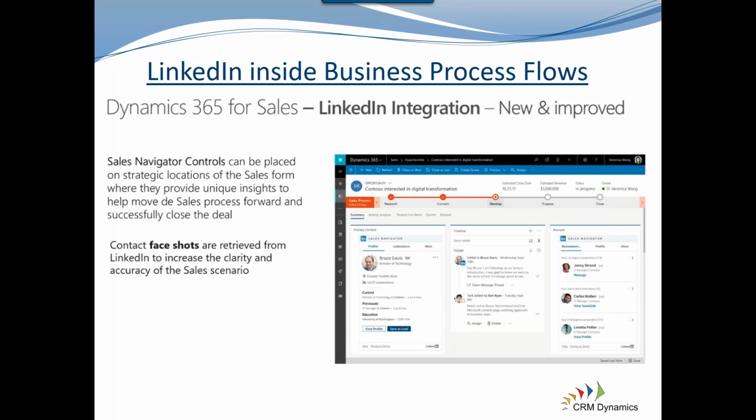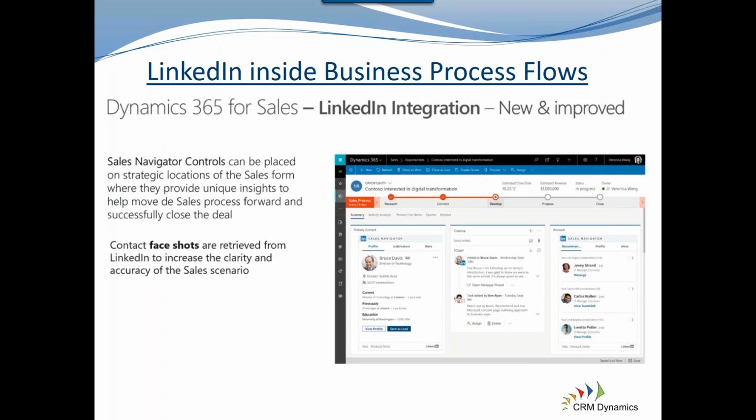Now the new piece is that you can now embed LinkedIn within a business process flow. So let's say you have a business flow for your sales: develop, nurture, quote, order, close, all of that process. It's always good to put a face to a name. So it now picks up the LinkedIn profile wherever required and puts that against any contact person.